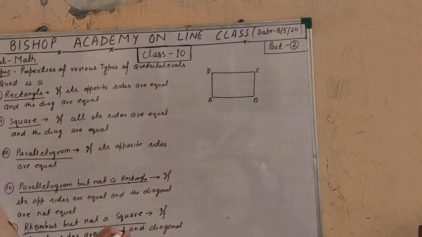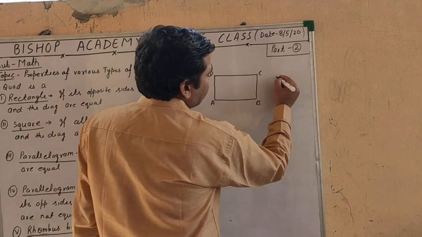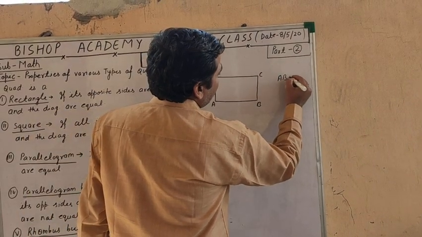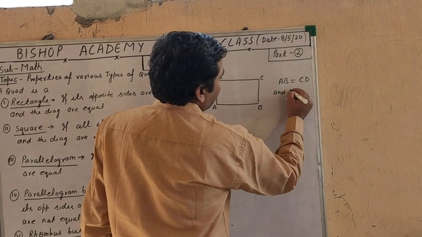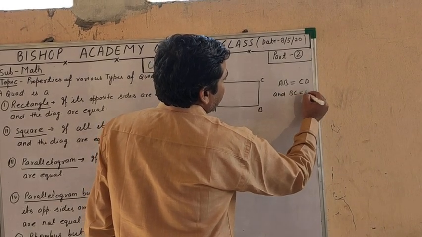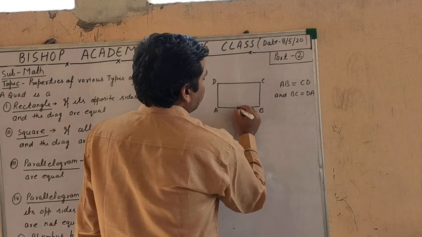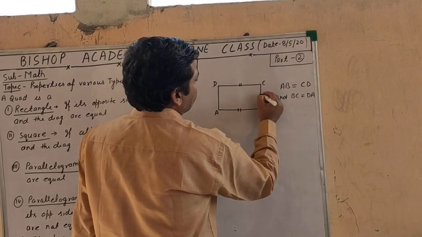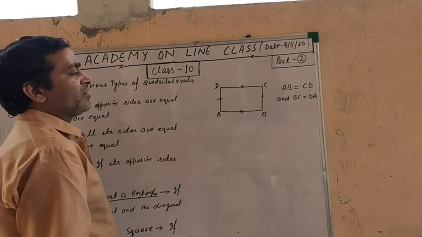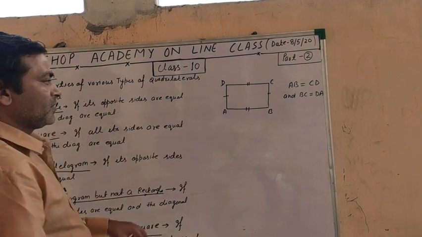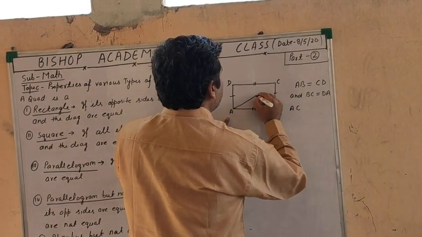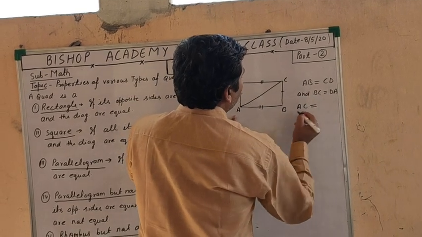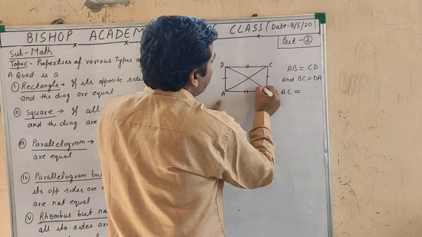Opposite sides are equal: AB equal to CD and BC equal to DA. And diagonals are also equal: AC equal to diagonal BD.